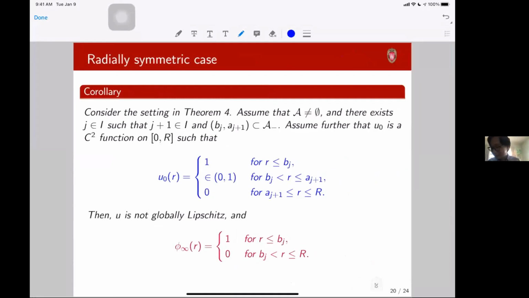if we consider an initial data of this form, so I have this is Bj and Aj plus 1.